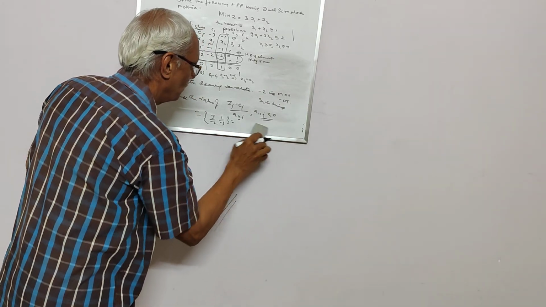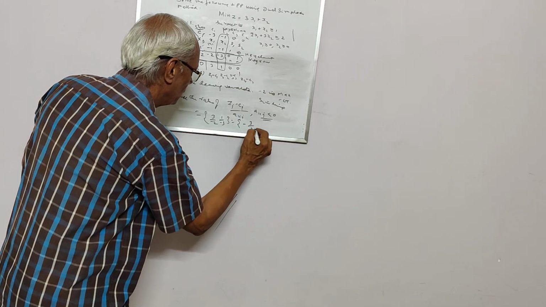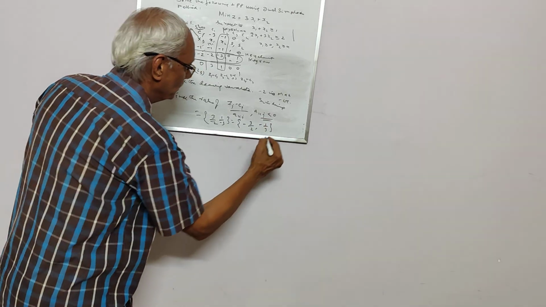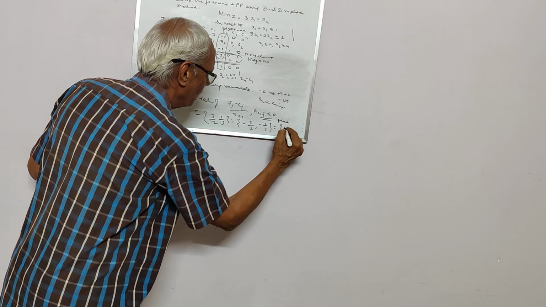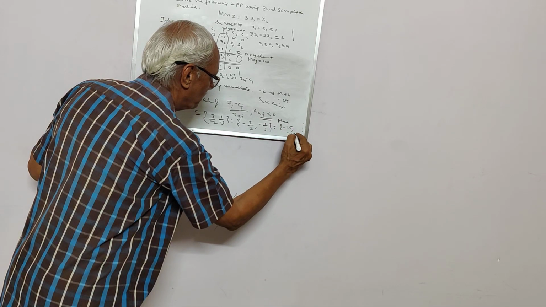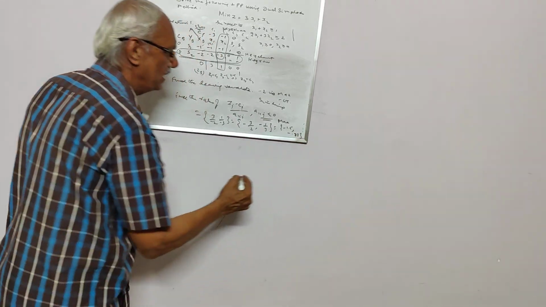We should go very carefully. So this is minus 3 by 2, minus 1 by 3. So I want the maximum of minus 1.5 and minus 0.33. You can do it in any way you want.